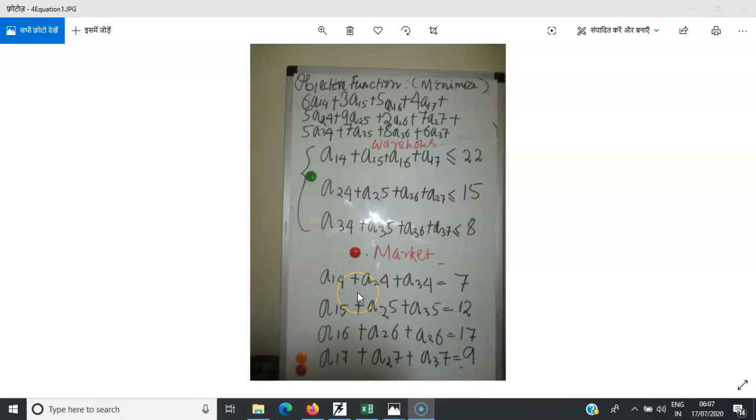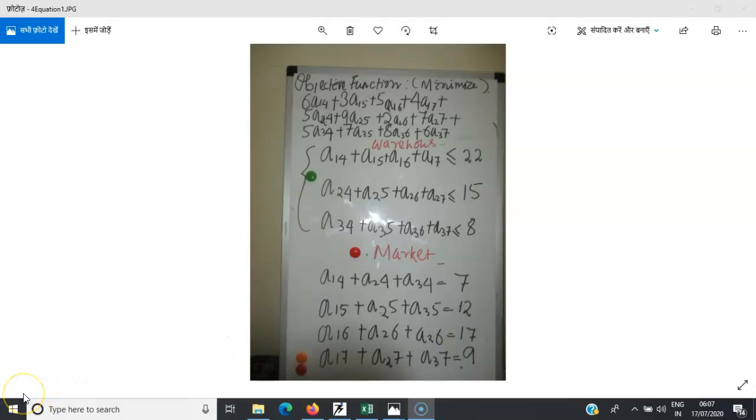The market can receive A14 plus A24 plus A34. This is the total amount market 4 is receiving from the three different warehouses 1, 2, 3, and it is 7, that is the requirement. Market point 5 will receive from the three different warehouses 1, 2, 3 a total of 12. Like this, market point 6 will receive 17, and market point 7 will receive from these three different warehouses 9.